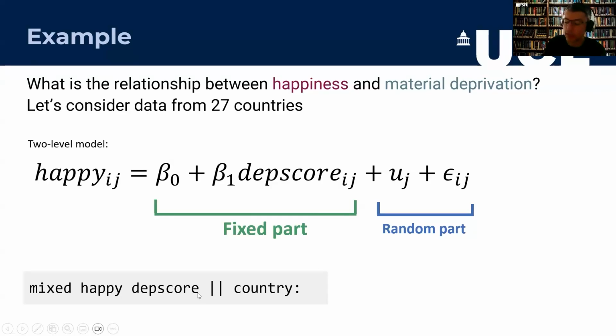And the way that we tell Stata that the data is multilevel, with people nested in countries, is by adding these two parallel lines that say this is the way the data is clustered. So people are clustered within countries. We're telling Stata there are two levels, and the higher level is country.